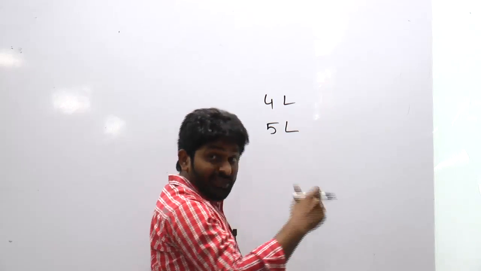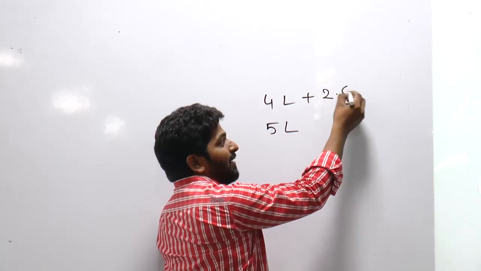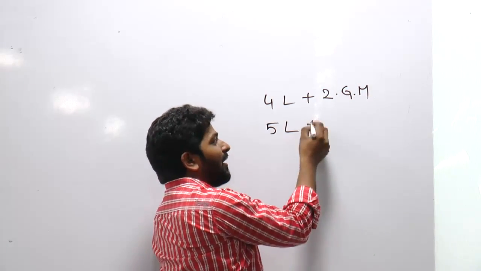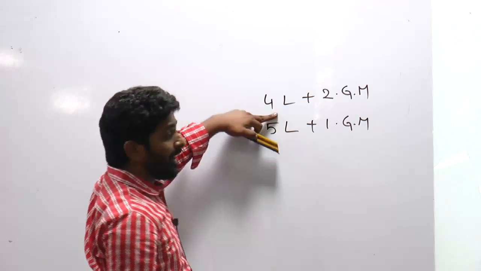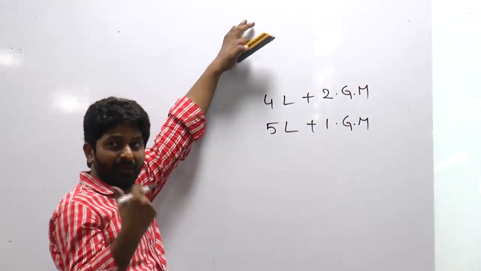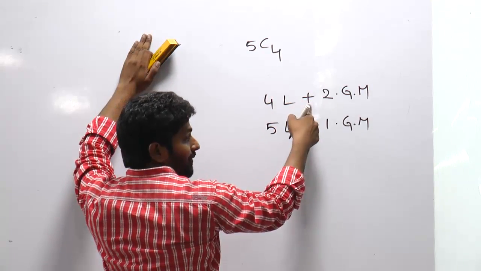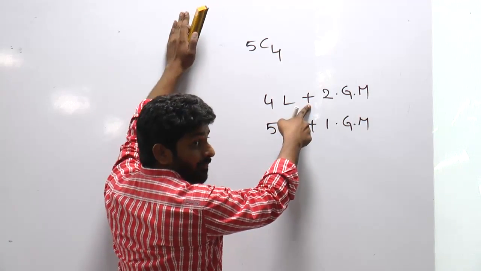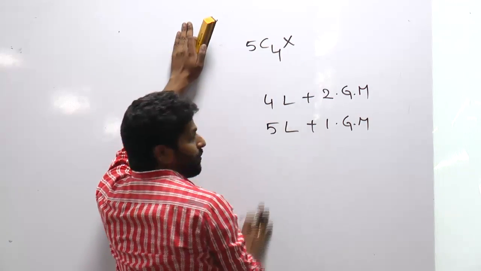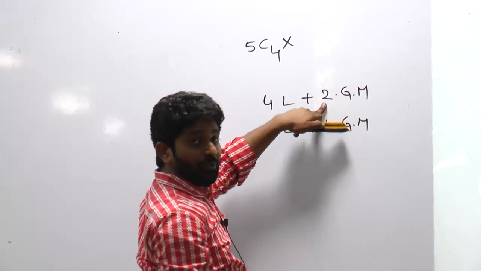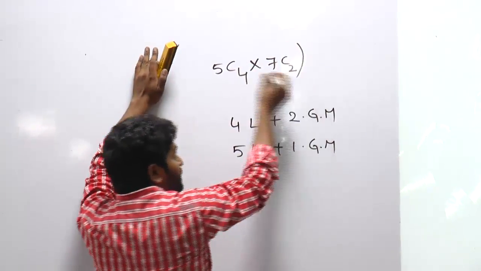These are the only 2 possibilities. So a committee of 6 should be formed. Out of 6, if 4 are ladies, then 2 will be gentlemen. And here we have 1 gentleman. Now, you need to select 4 ladies out of 5. In how many ways can you pick them? 5C4, multiplied by selecting 2 gentlemen out of 7, 7C2.